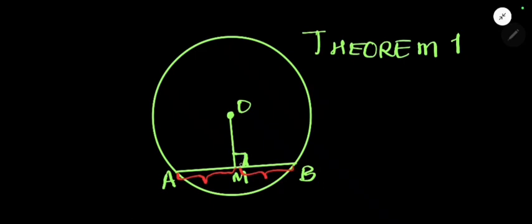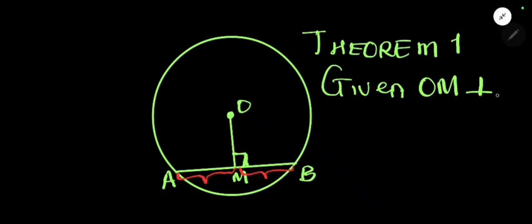So for the fact that they told us that OM is perpendicular to AB, let me say given. Given that OM is perpendicular to AB.